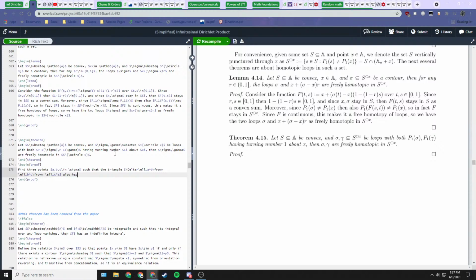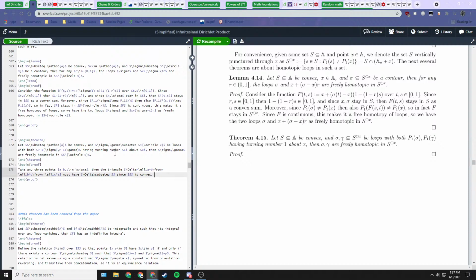Take any 3 points A, B, C in sigma, then the triangle delta must have delta subset to S, since S is convex.